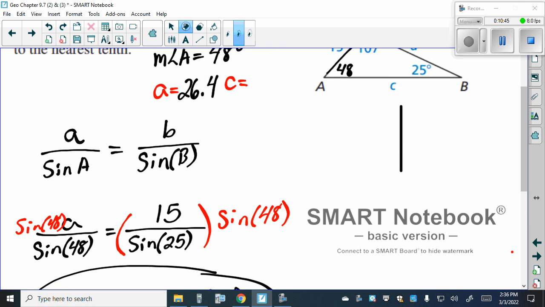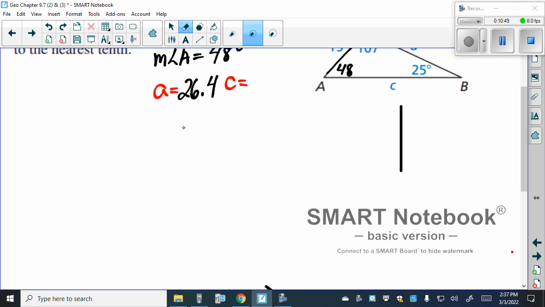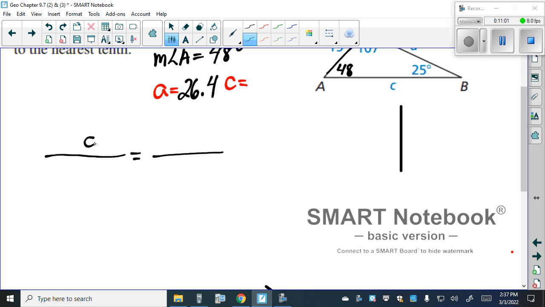Now, I'm going to erase this here so I have a little bit more room. This time, we're going to still set up the same setup. We're going to have our two fractions. This time we're trying to find C. Now C is going to be over sine of angle C, which would be our 107.